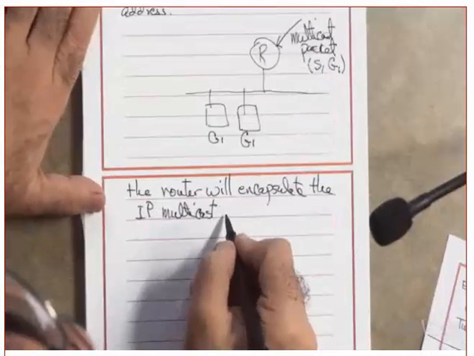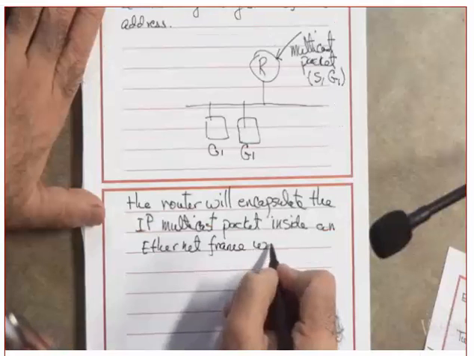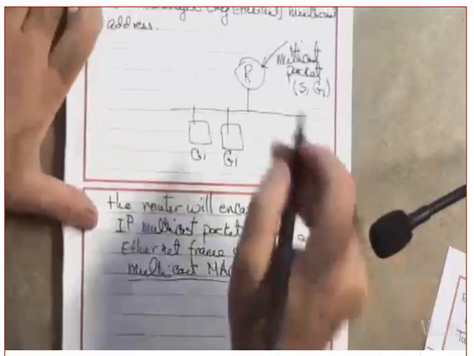Now the Ethernet address is 48 bits long. It starts with 01-00-5E, each digit in hexadecimal. How many bits so far? Each hexadecimal digit is 4 bits, so that is 24 bits.